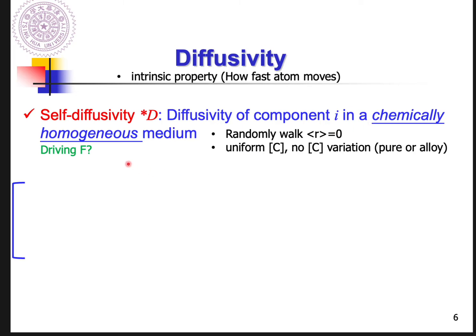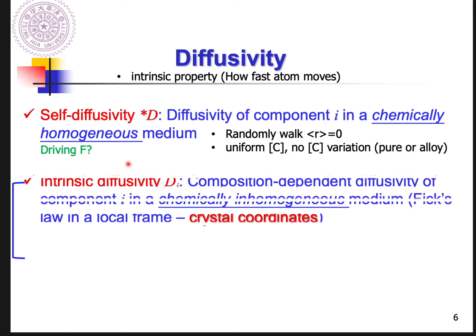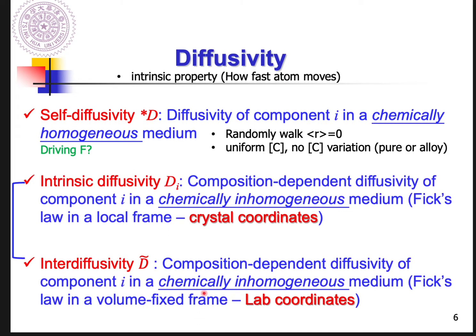However, if we change the material system to a chemically inhomogeneous medium, then the diffusivity we are talking about would be the intrinsic diffusivity D_i or the interdiffusivity, and we use this symbol to represent interdiffusivity. Both of these diffusivities happen in a chemically inhomogeneous medium.